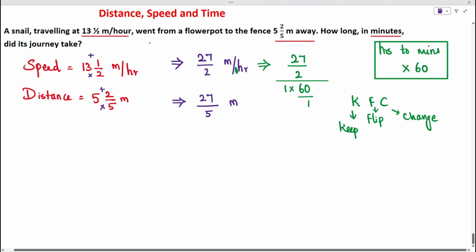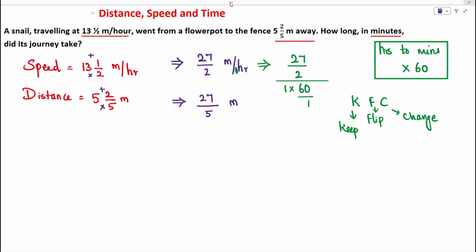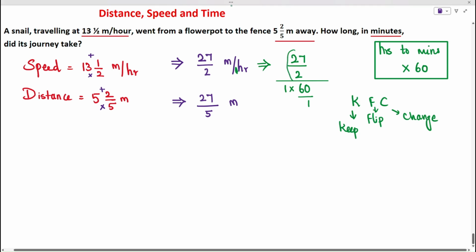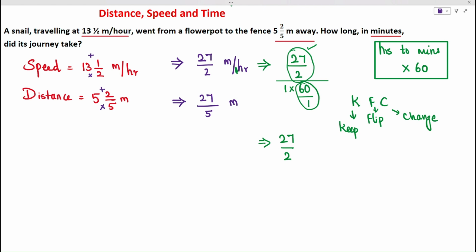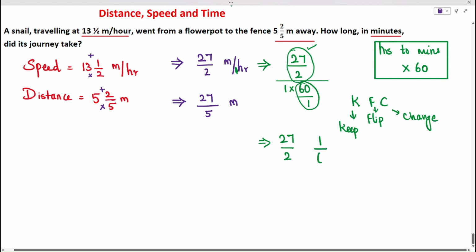This technique can be really useful when doing fraction division, because you take the reciprocal of the fraction in the denominator and that can be turned into multiplication. So we're going to keep our fraction in the numerator, so we're going to have 27 over 2 by itself. Next, we're going to flip our sign. We're going to flip our denominator, so we're left with 1 over 60.